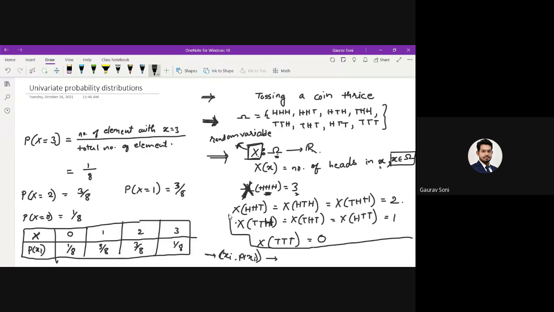There was a certain observation and the number of times that observation is repeated. That was called the frequency distribution. What will this be called? The probability distribution.